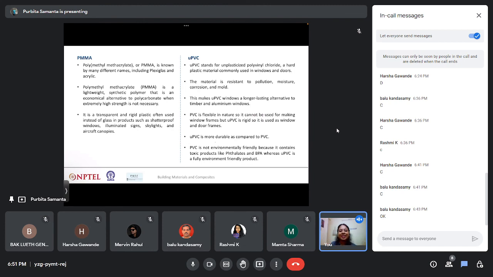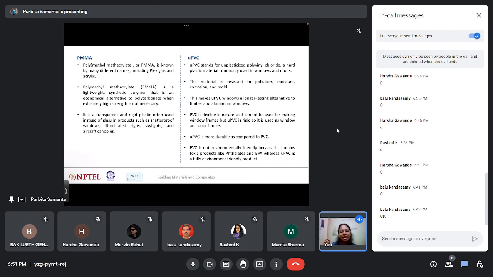The basic thing is that PVC is flexible in nature, and that is why it's not possible to make window frames from PVC. However, UPVC has rigidity, and as a matter of fact, UPVC can be used as door or window frames, and UPVC is also much more durable compared to PVC. The other thing is that it's said that PVC has toxic products like BPA and phthalates.